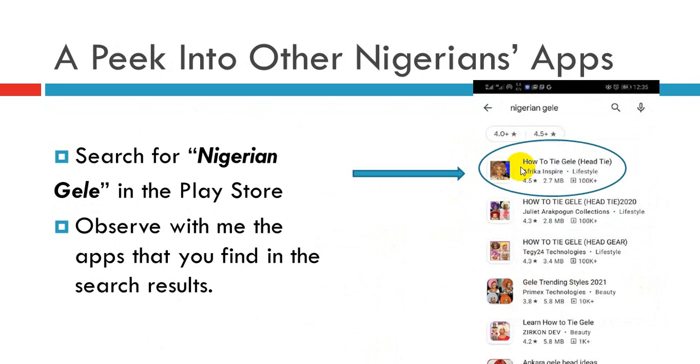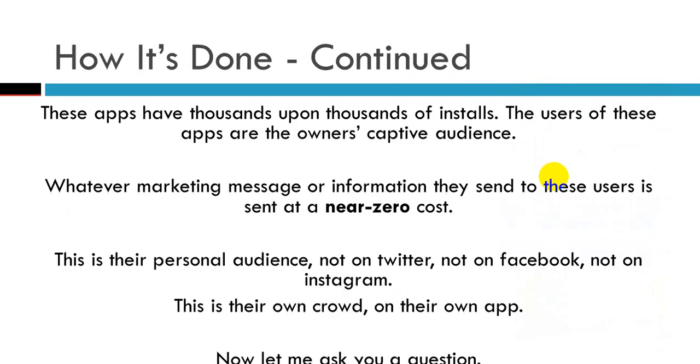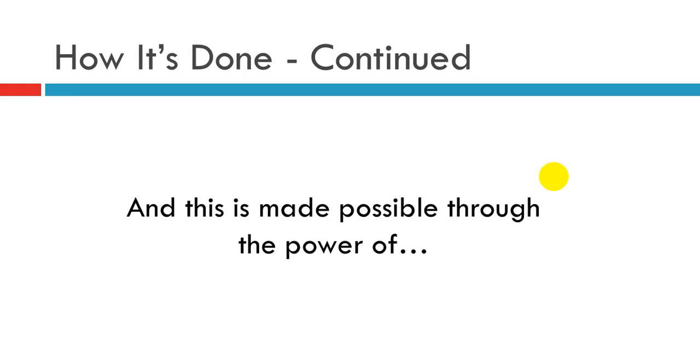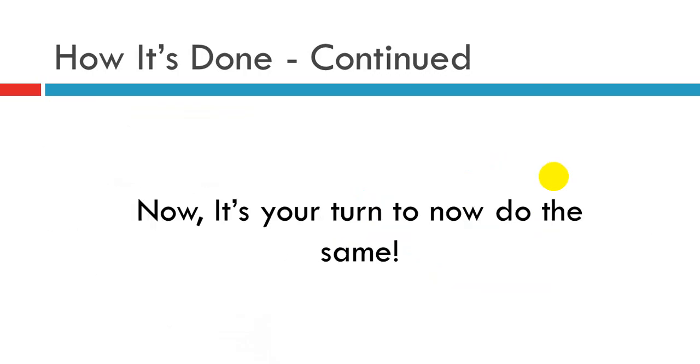Their platform may not have a billion users like Facebook or millions of users, but they have hundreds of thousands of users, and in their own way they are benefiting from it. So it is your turn to do what the few have been doing.